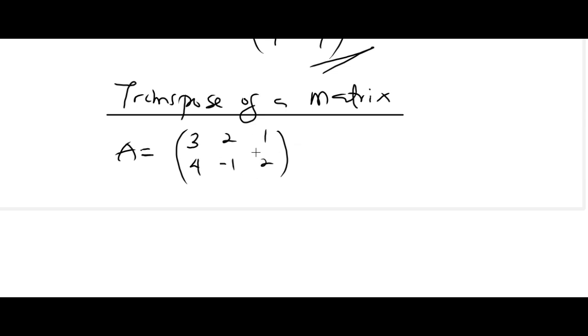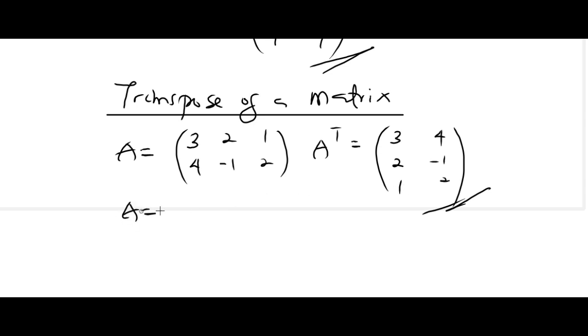If A is equal to this matrix, A transpose will now be all the elements of this row, they will become column here, 3, 2, 1. Then all the elements of the second row will become second column here, 4, minus 1, 2. This is what we call A transpose.